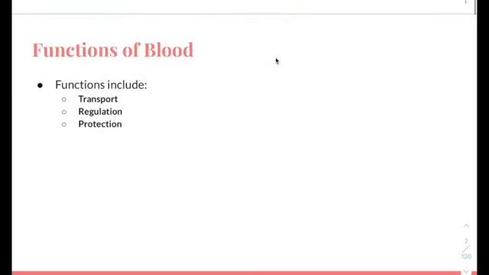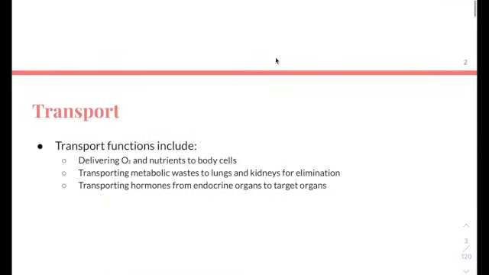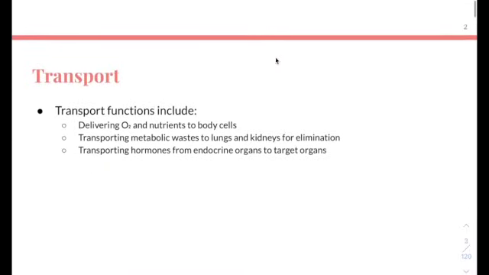So blood really has three functions. It transports different things around. It helps to regulate your body, and it also helps protect your body from foreign invaders. So the main thing that is transported in blood is oxygen and different nutrients that go to different cells in the body.